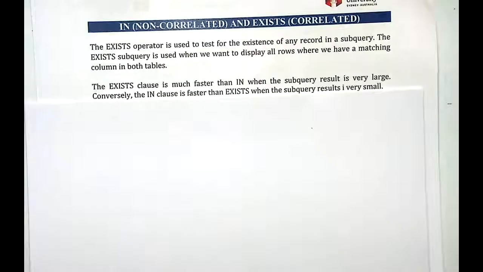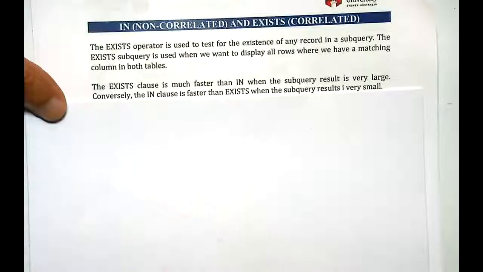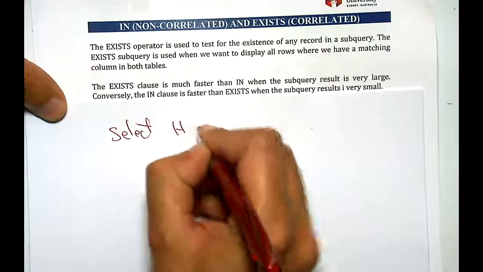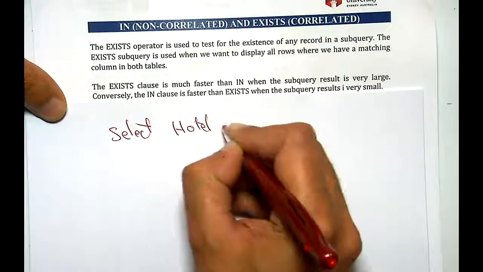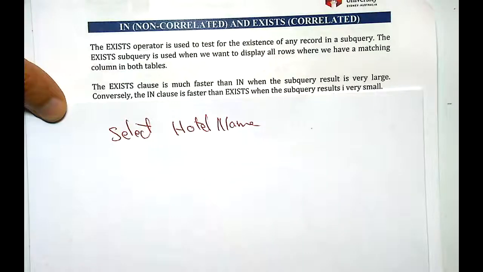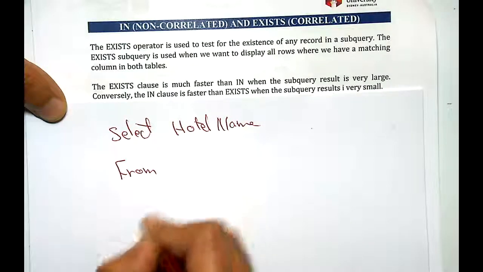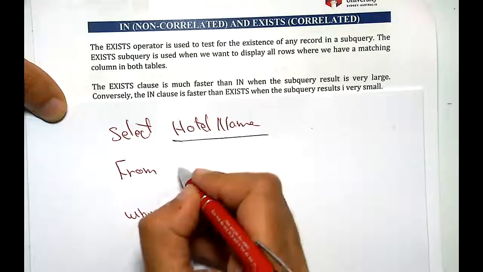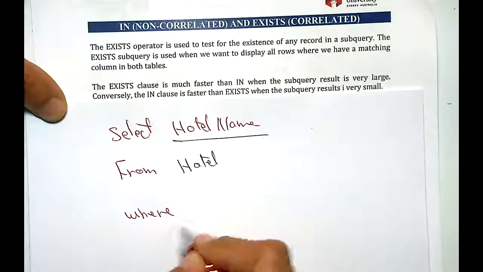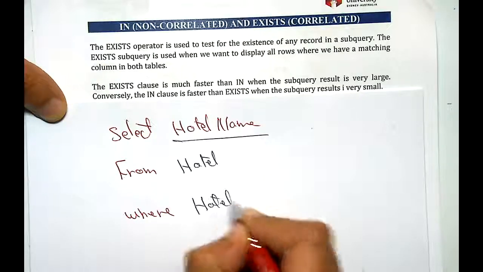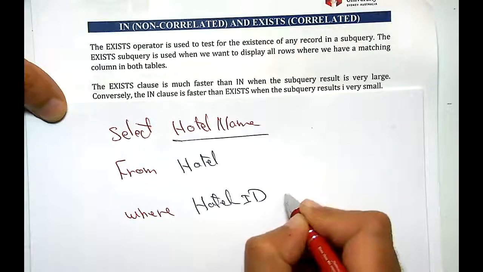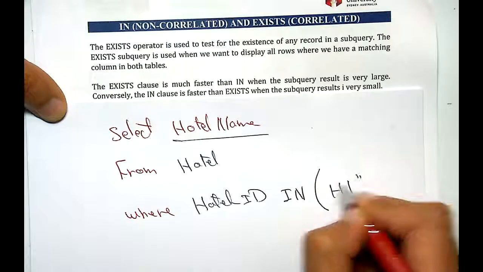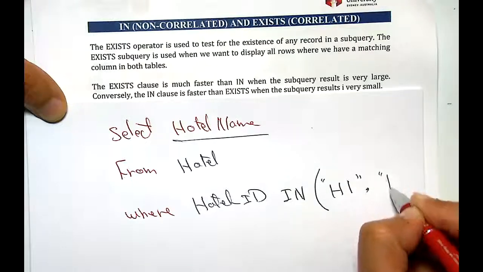So for example, if I make a query like this: select hotel name from hotel where hotel ID in H1, H3.